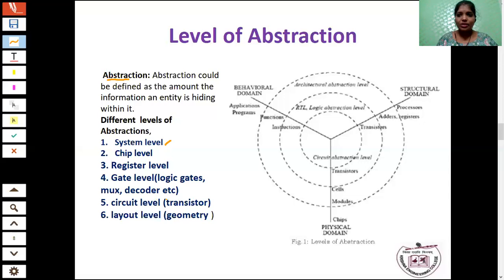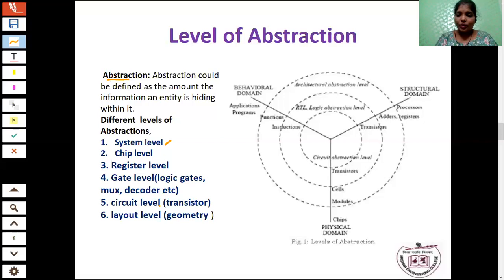For example, if you are implementing a 2-input NAND gate, we first draw the logical gate. From the logical gate, we obtain the circuit level using CMOS transistors. From the CMOS transistors, we draw the stick diagram. From the stick diagram, we specify the layout level.